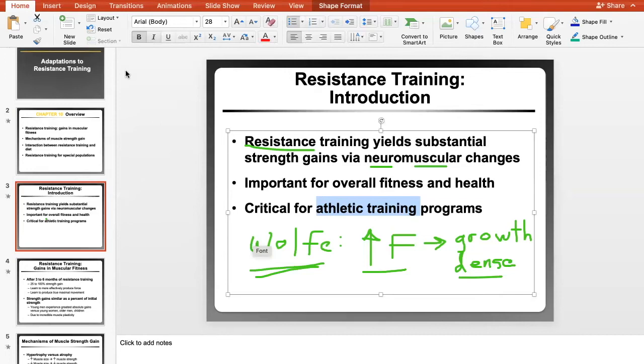So individuals, especially females who are worried about going through menopause, the goal is to maintain a lifetime of resistance training to maintain the strength and the muscles needed to perform your activities of daily living, and also to maintain bone integrity throughout a lifetime, so that the mineral content or the density of the bone doesn't drop and result in osteoporosis as the individual gets older. So not only is it critical for athletic training, but it's critical for the overall health of the body itself.